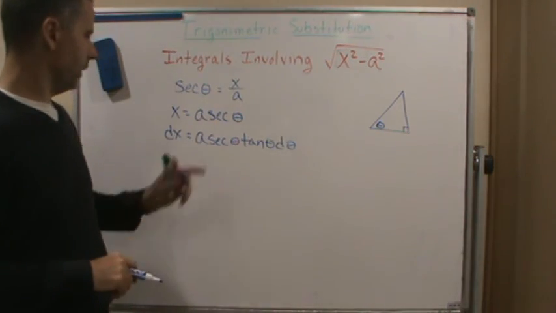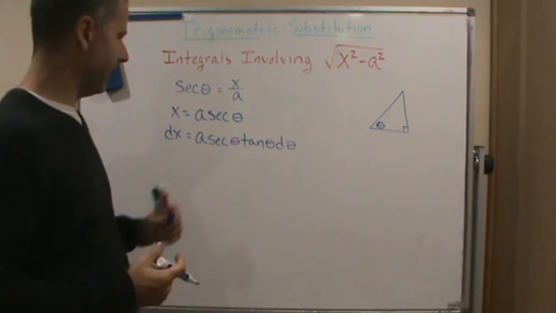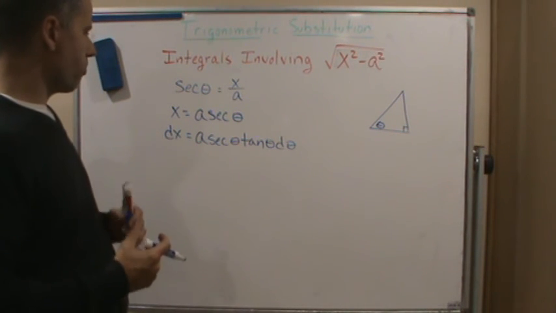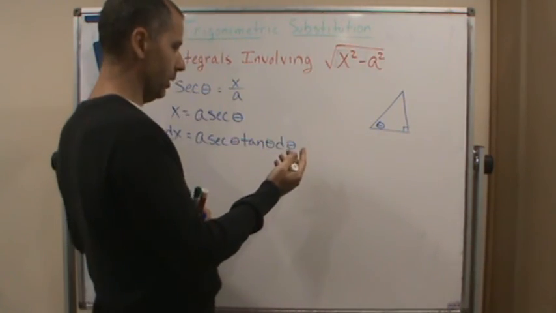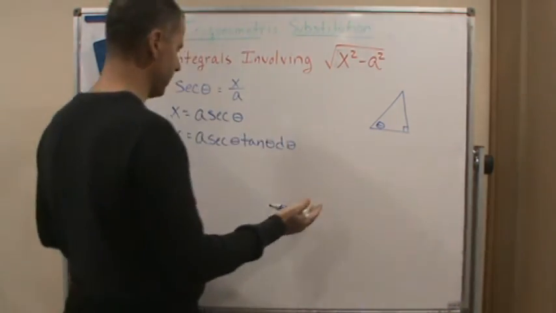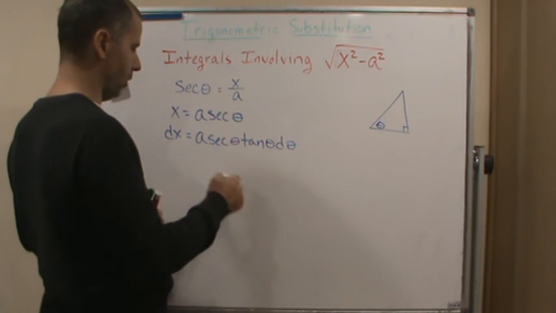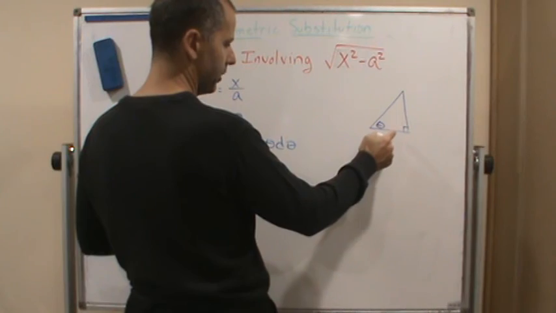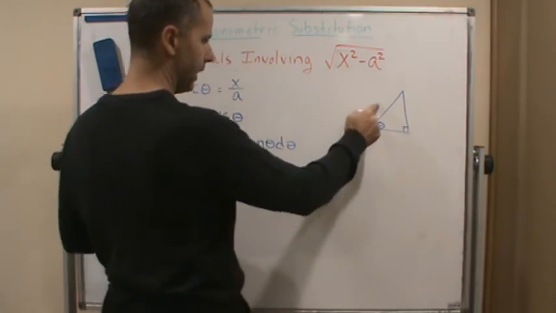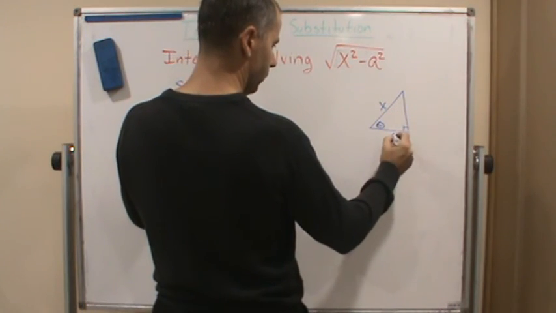Remember, secant is 1 over cosine, and cosine is adjacent over hypotenuse, so secant is hypotenuse over adjacent, which is x over a.